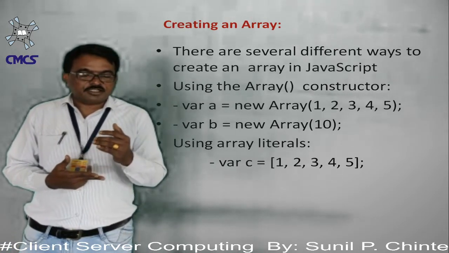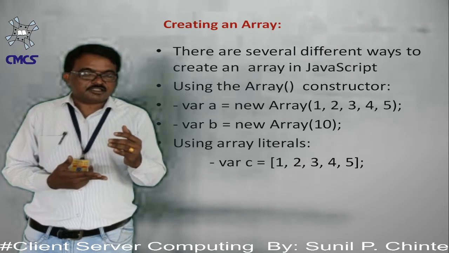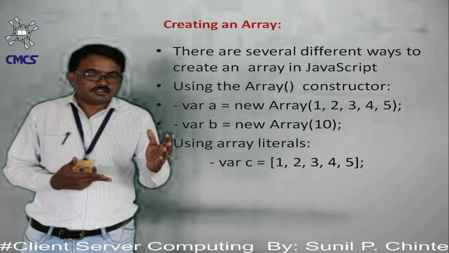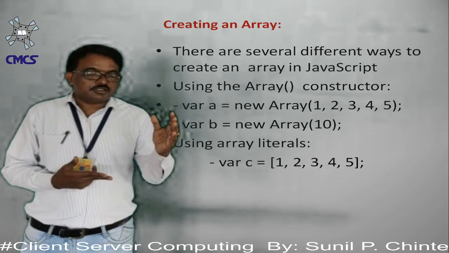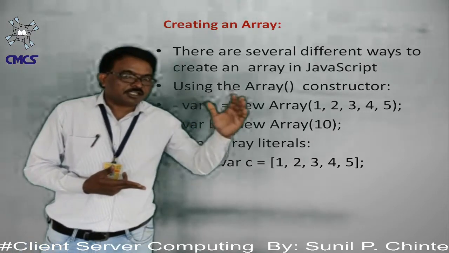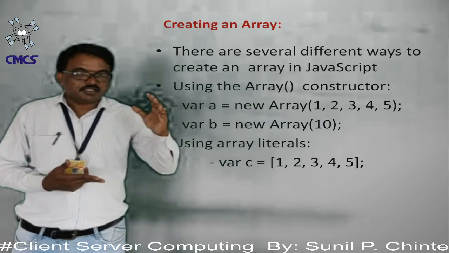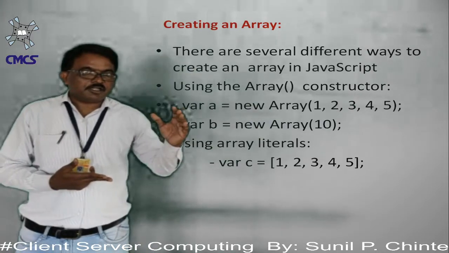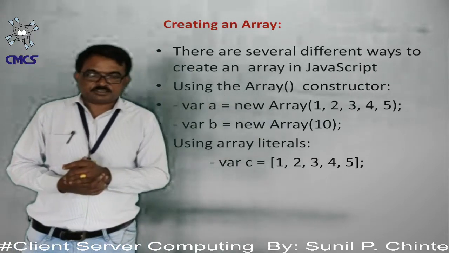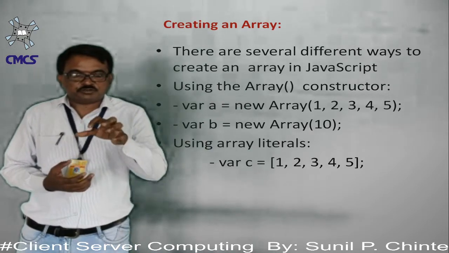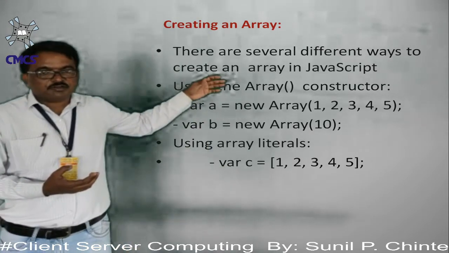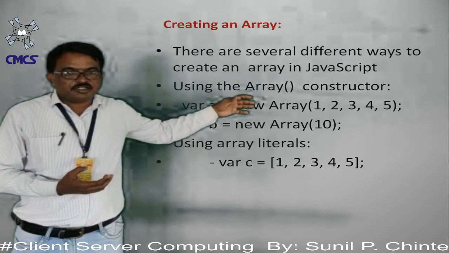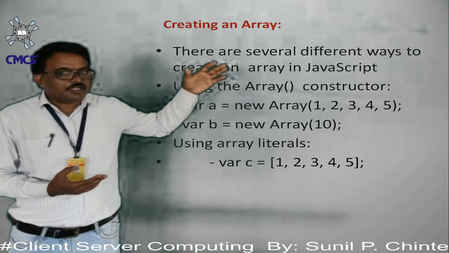What is an array? An array is used to hold elements of similar types, and it creates memory in a contiguous manner. There are several different ways to create arrays.